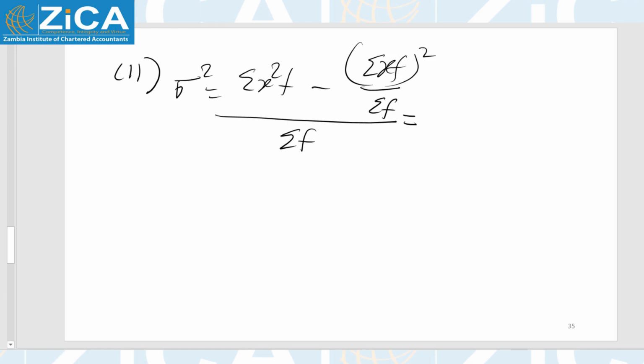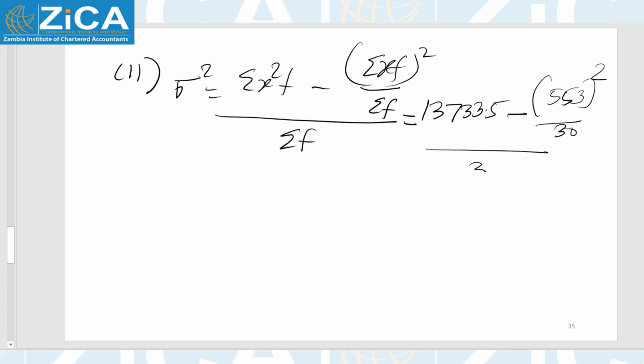So we have 13,733.5 minus 553 all squared over 30, over 30. If you simplify this, it will give you the variance, which is 117.996. This will be the variance.